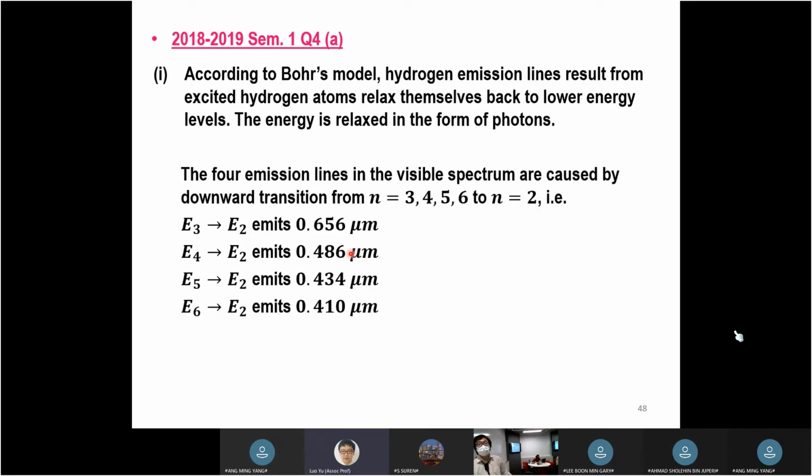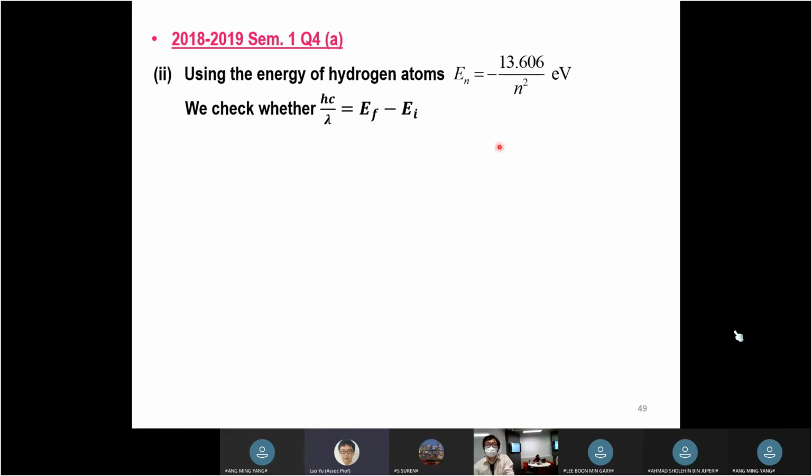Then what you have to do is calculate the energy difference between E3 and E2, and see whether that agrees with hc divided by lambda. Then we redo that for E4 to E2, E5 to E2, and E6 to E2. Using the hydrogen energy level En equal to this formula, we need to check its validity.